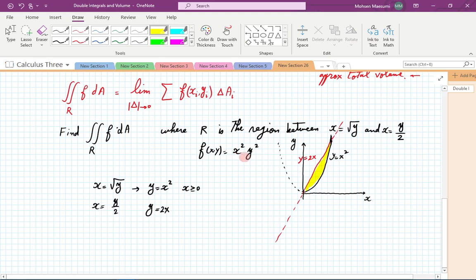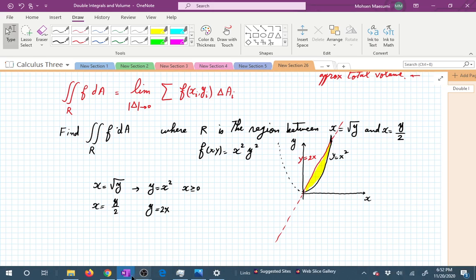And what's our function? Our function is x squared y squared, and that would be rather complicated to draw by hand. Let's see if one of these software tools is going to help us. If my page is still active here, let's see.